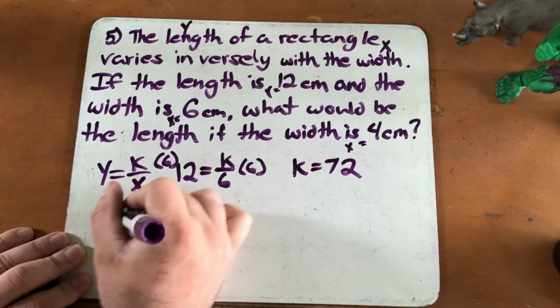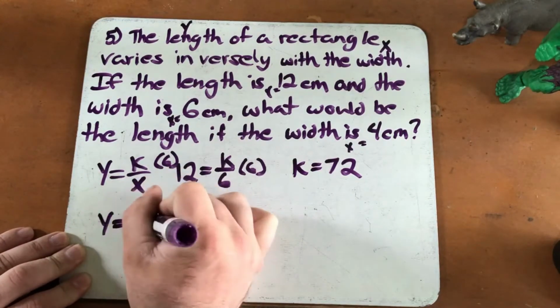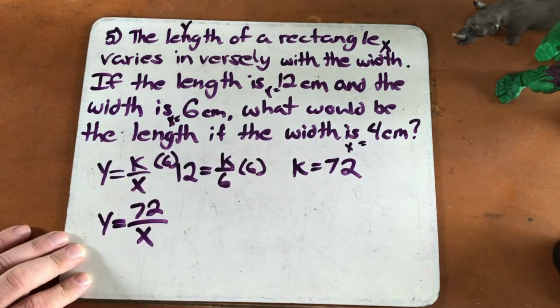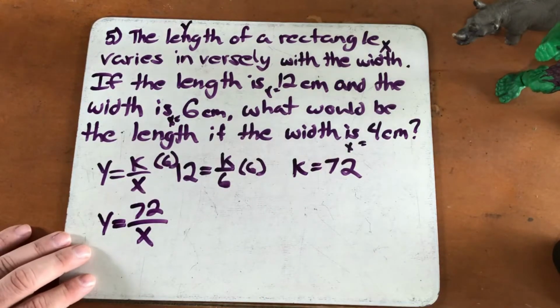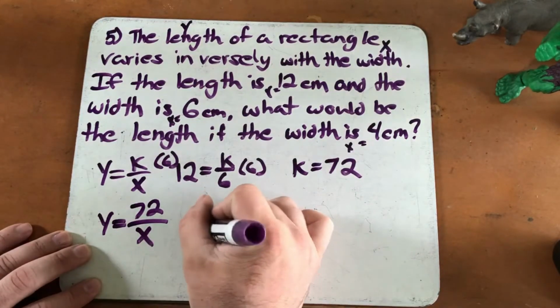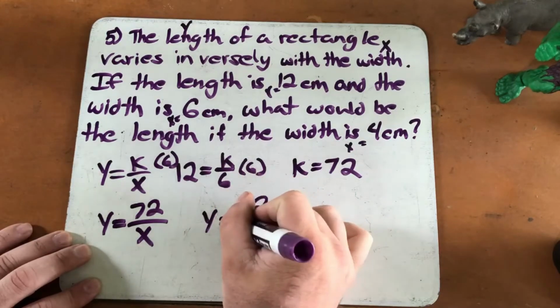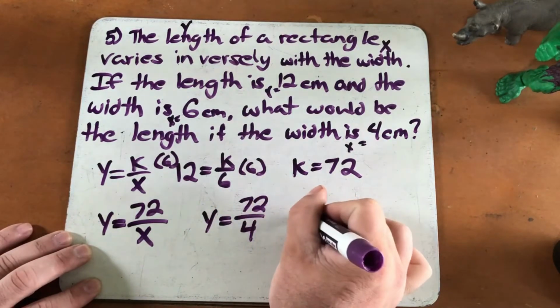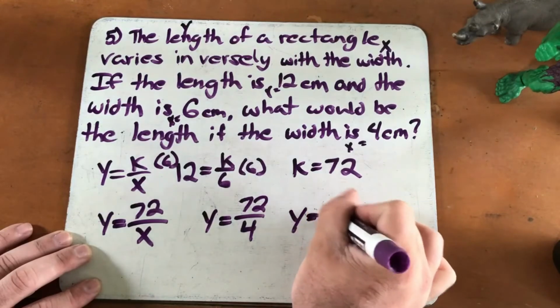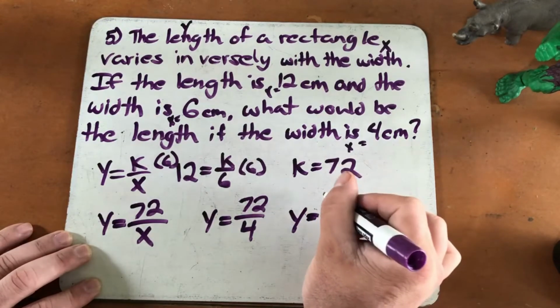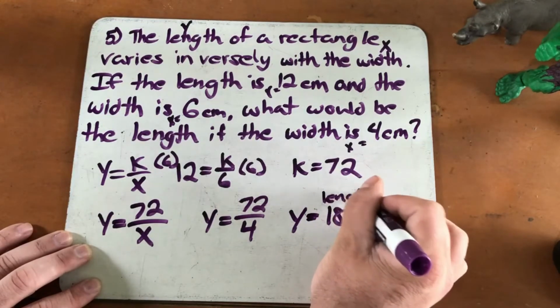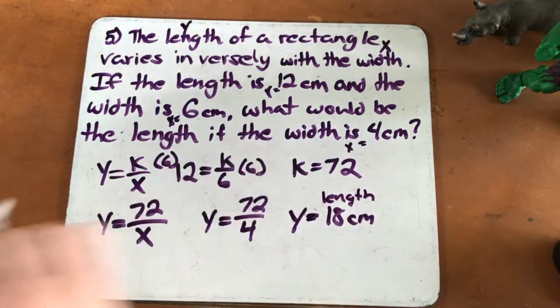When I plug that back in and create my inverse variation equation, I get Y equals 72 over X. Now I want to know what the length is when the width is 4. So I take Y equals 72 over 4, and that tells me that Y equals 18 centimeters. So my length would be 18 centimeters if the width was 4 centimeters.